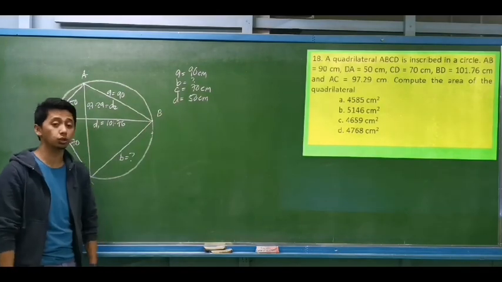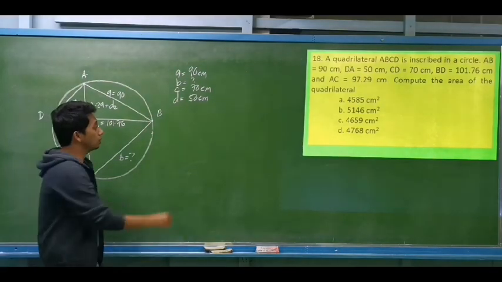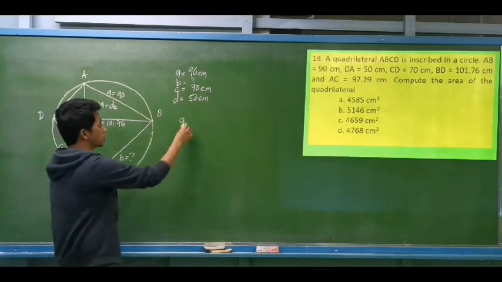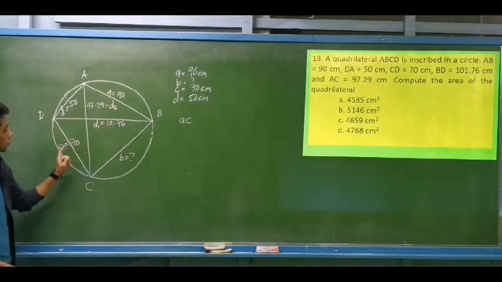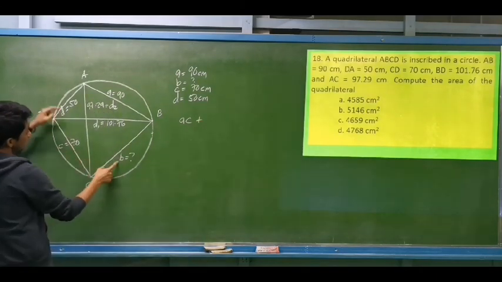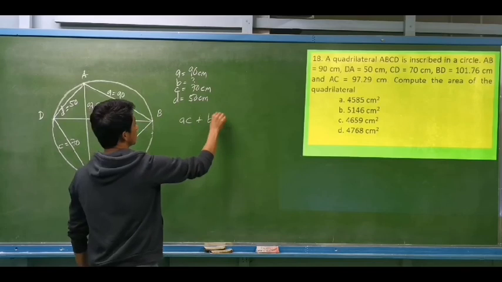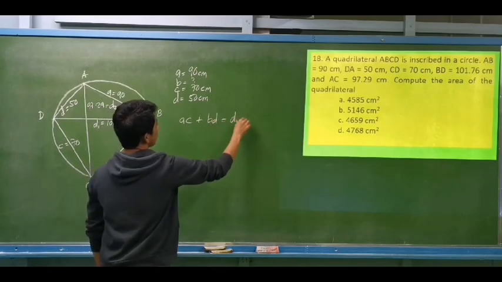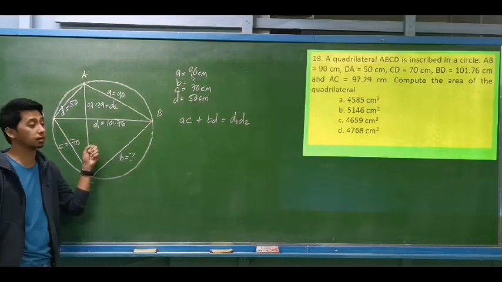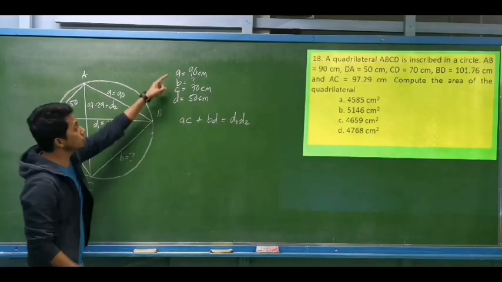Paano natin kukunin yung side B? Pwede natin i-apply yung Ptolemy's theorem. Ano yung Ptolemy's theorem? The sum of the product of the opposite sides. So, A times C plus B times D should be equal to the product of the diagonals. So, yun yung Ptolemy's theorem for a cyclic quadrilateral. Ano si side A?